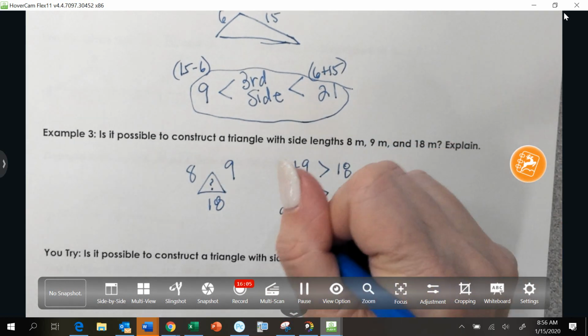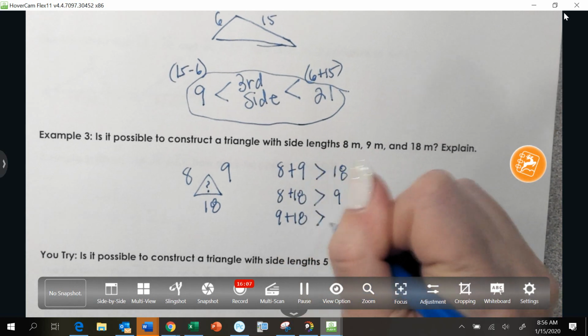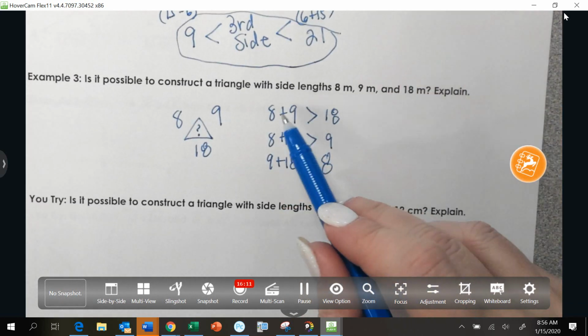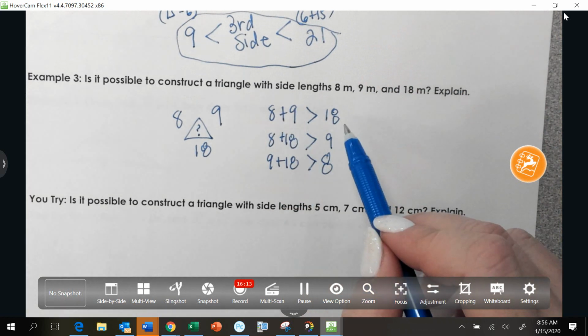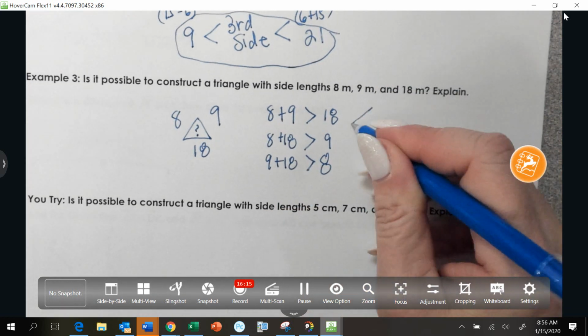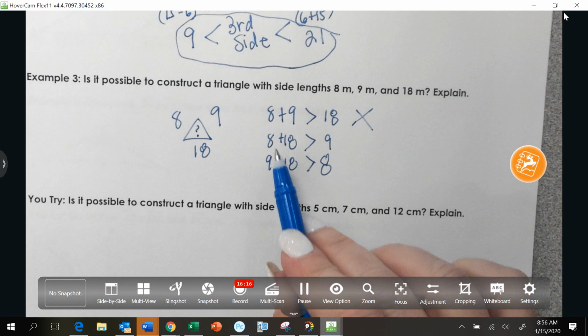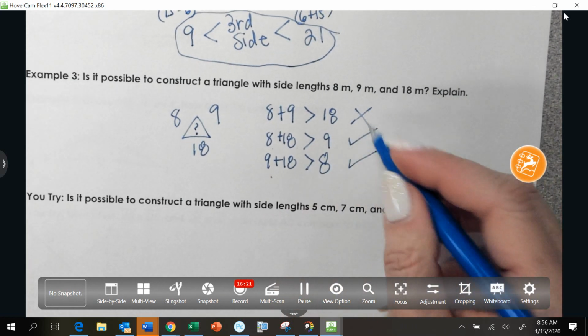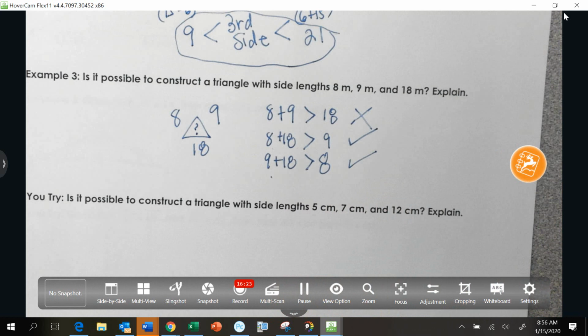And if I add 9 plus 18, it has to be greater than 8. So is 8 plus 9 greater than 18? No, it's 17. 8 plus 18 is greater than 9. 9 plus 18 is greater than 8, but all three have to occur for this to be a triangle.